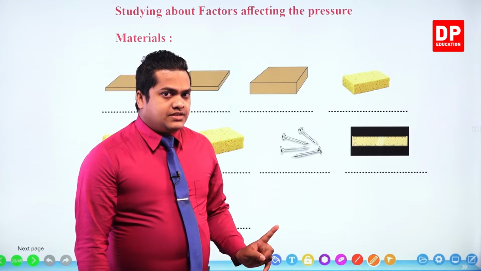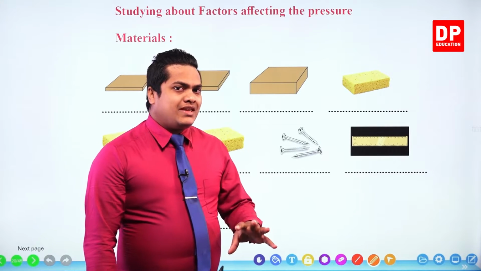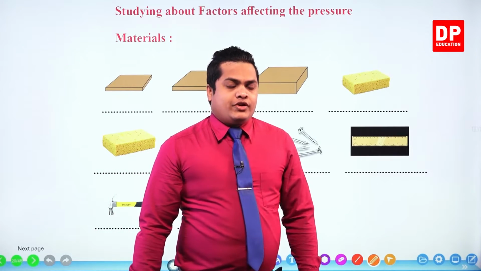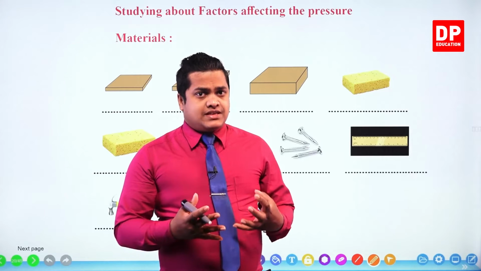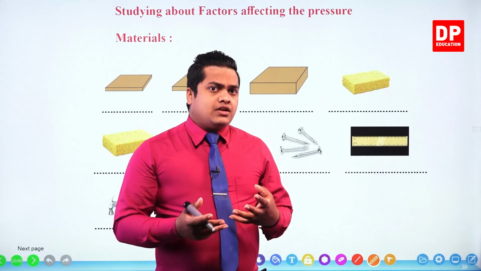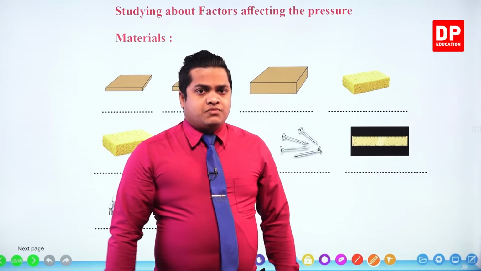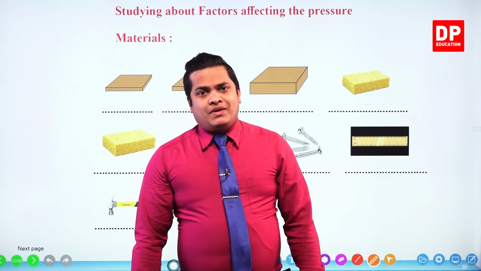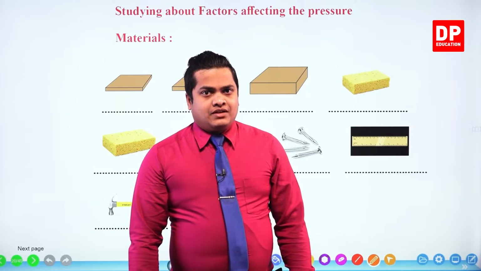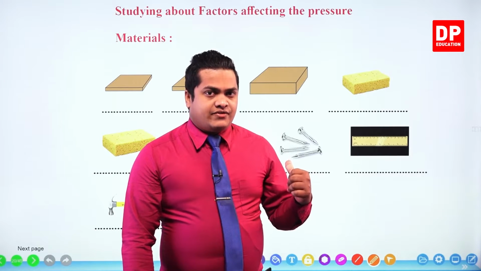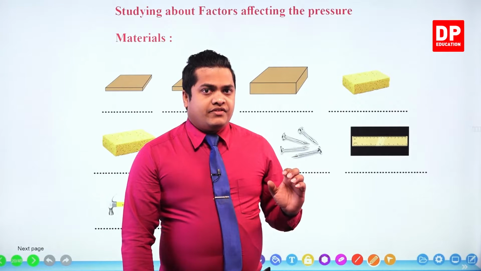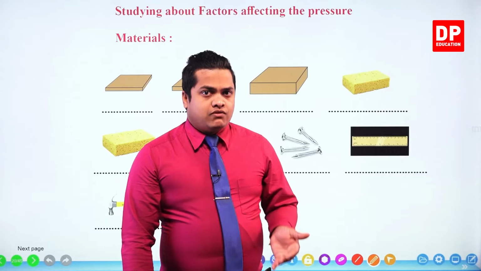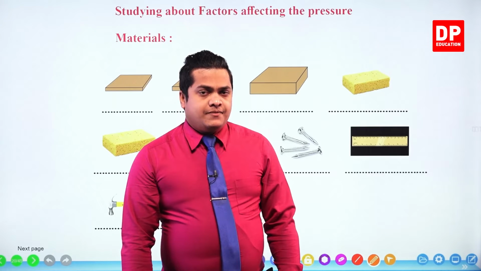But in this case, we are going to keep the same weight, the same force, but here we are changing the surface area and checking the thickness of the sponge. Like in the previous activity, we did this under the force, right? And when we were investigating the force, we did this kind of activity.